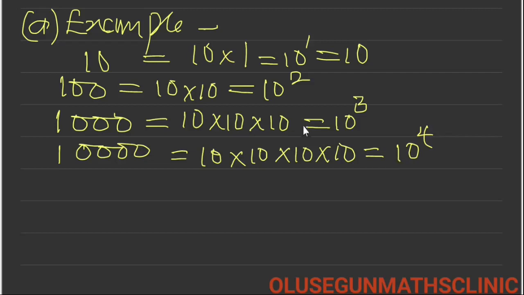So if you're able to see, all I'm doing here is 1 times 10 to a power. So we now want to go further with the example, for our explanation. Now, let's have another example.